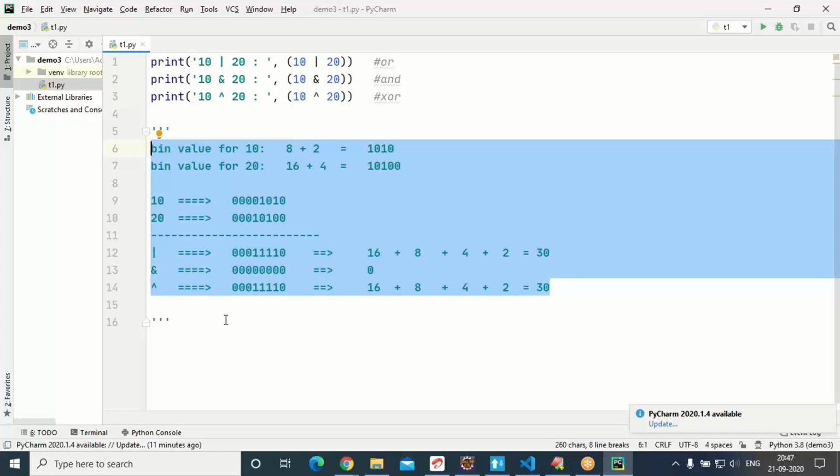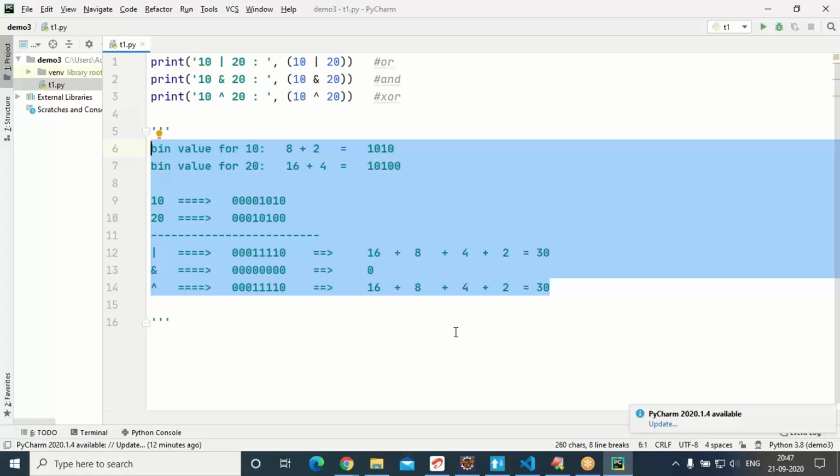It is not difficult. Just spend 5-10 minutes. You can easily understand the effect of bitwise OR, bitwise AND, bitwise XOR.